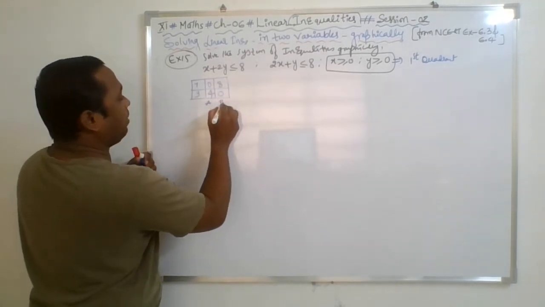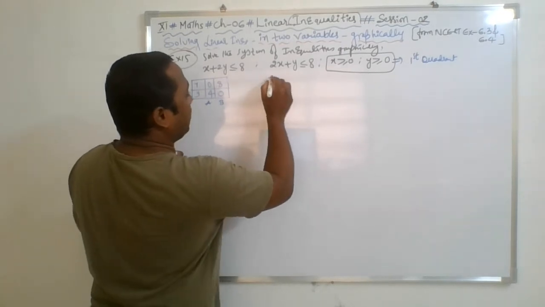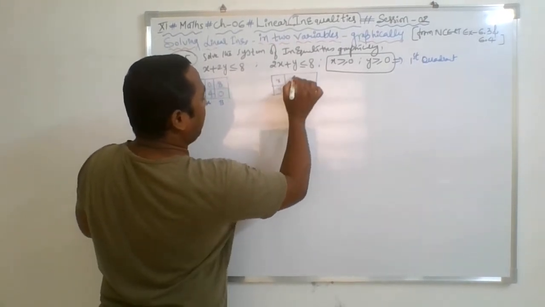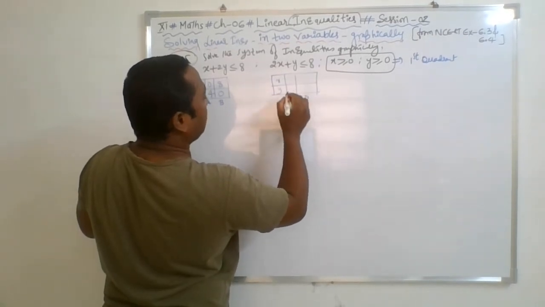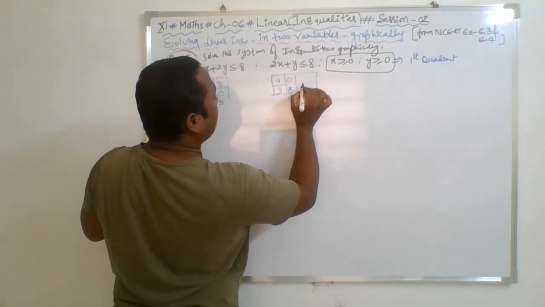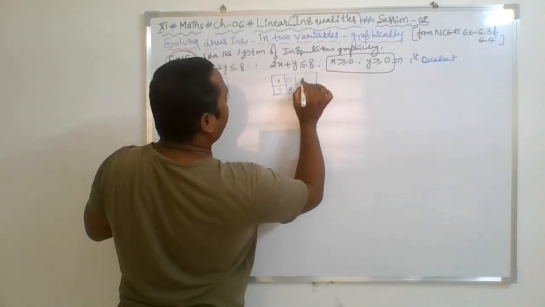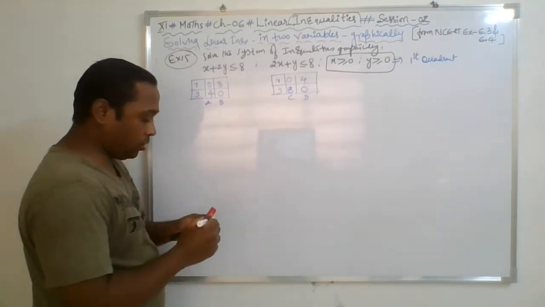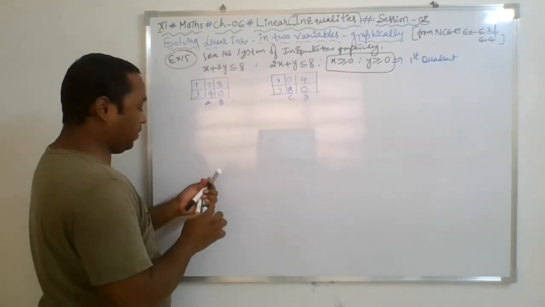This is point A, point B, and for the second graph I am taking C and D. If x is 0, y will be 8. If y is 0, x will be 4. Only positive values I got, so I simply draw the graph for this.